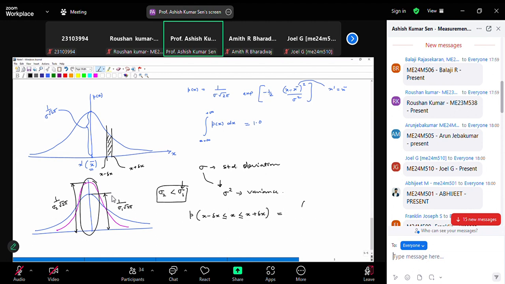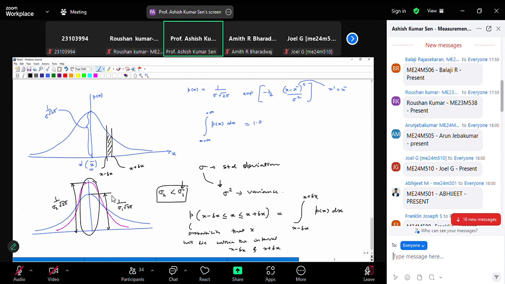You integrate p(x) dx from x minus delta x to x plus delta x. So the area under the curve represents the probability that x will lie within the interval x minus delta x and x plus delta x.